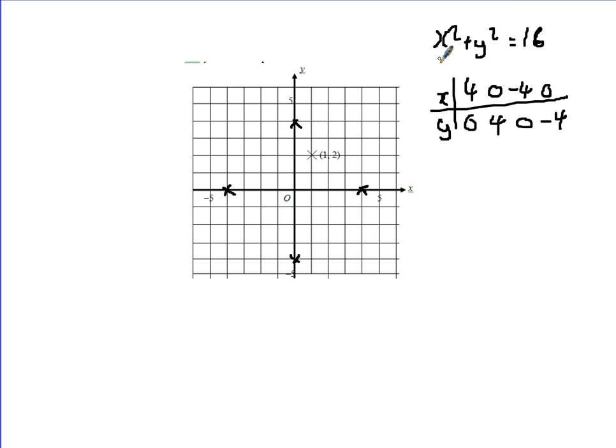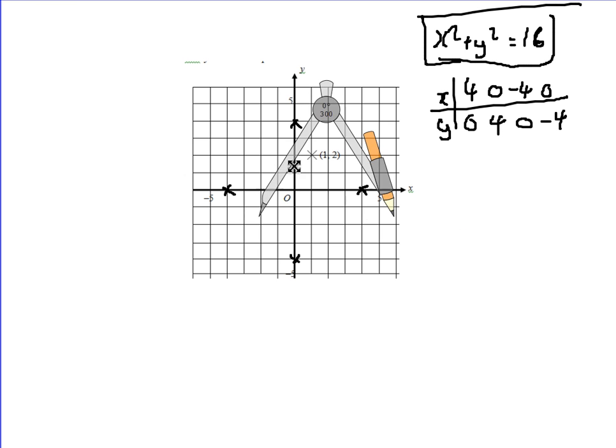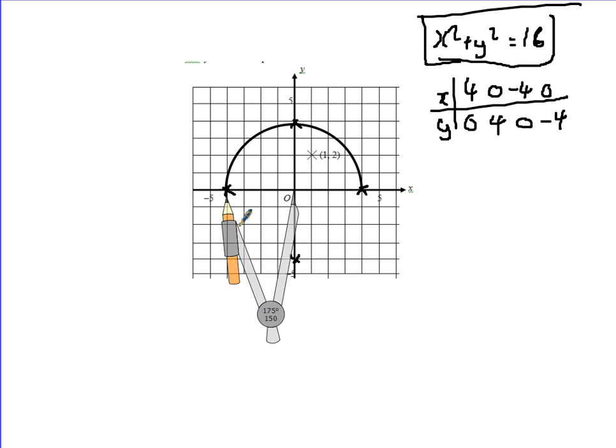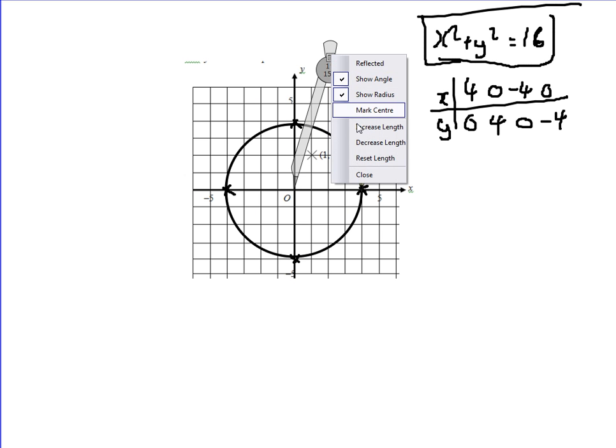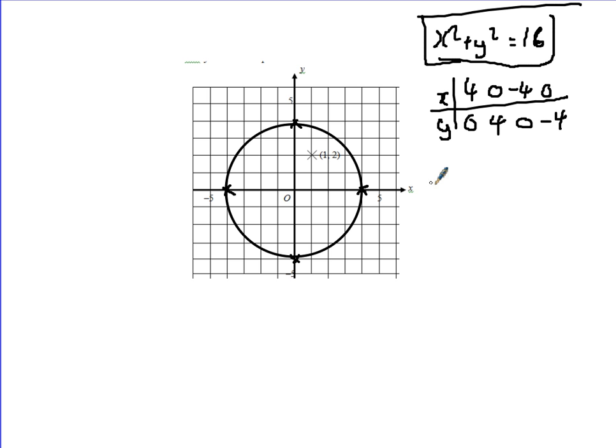What you actually get is, this is the general form of a circle, where this number rooted will give you the radius. So if I draw, using a compass here, the circle, then what are we looking for? Explain why. Well, why is it?